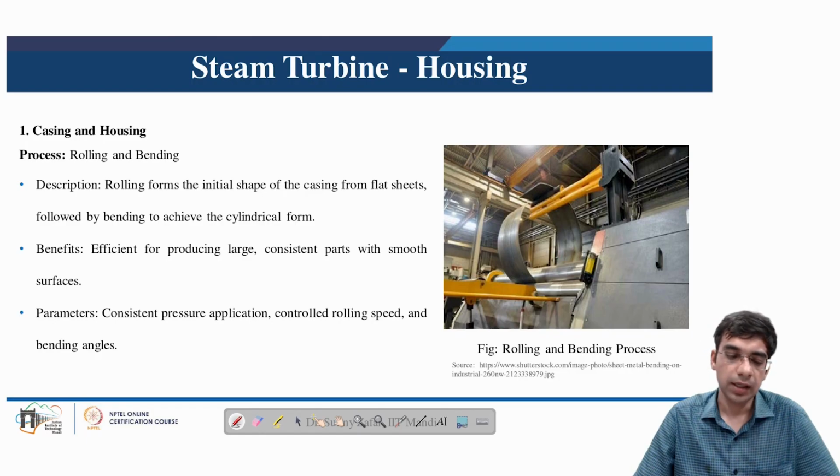They are very efficient to produce large consistent parts with smooth surfaces. Some of the important process parameters include consistent pressure application, controlled rolling speed, and bending angles. If we tightly control the process parameters as mentioned, we can get the very good shape of this casing, which is very suitable for the steam turbine.